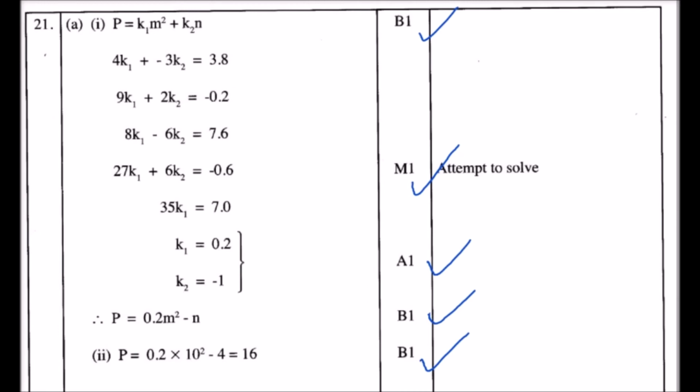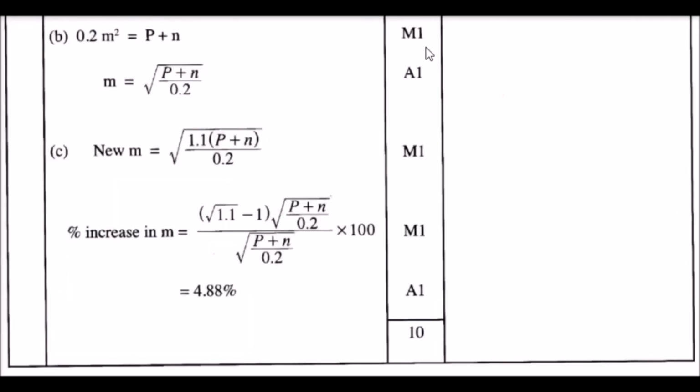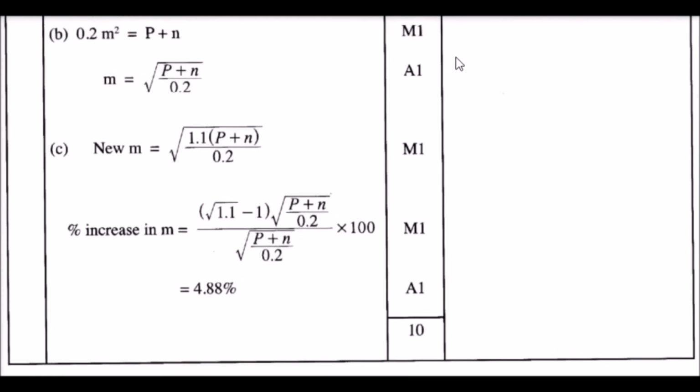So the other part. Here you get 1 mark for the method, and one mark for expressing m in terms of p and n. Then when you write the statement for the increase in percentage, you get 1 mark for the method.